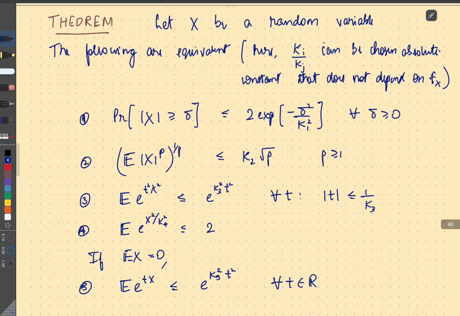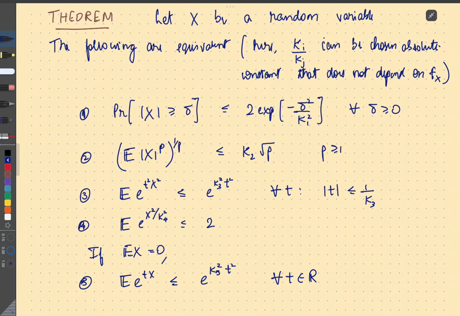If we go back to the various equivalence properties that we had, what we wanted to show is that if x is Subgaussian, then the expectation of e to the t times x should be less than or equal to e to the some constant squared times t square.